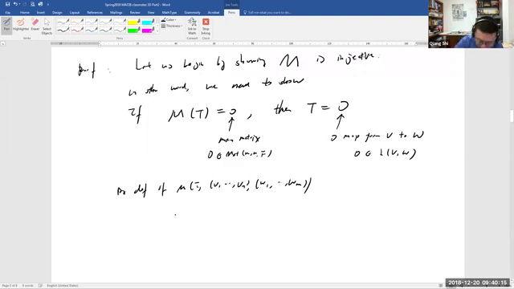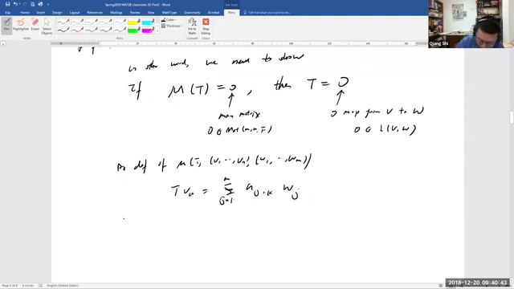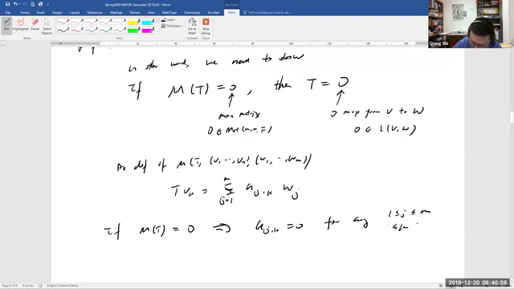Your T(v_k) is the sum over j from 1 to m of a_jk w_j, where k is from 1 to n. So if this matrix is equal to 0, that implies all these a_jk equal 0 for any j between 1 and m, and for any k between 1 and n.